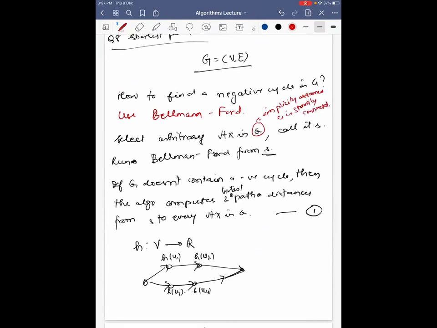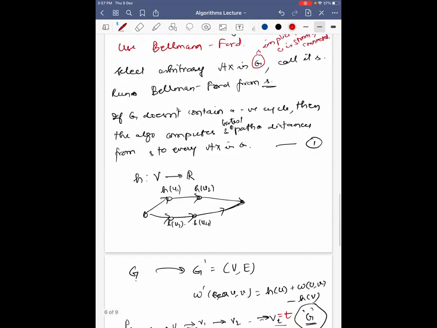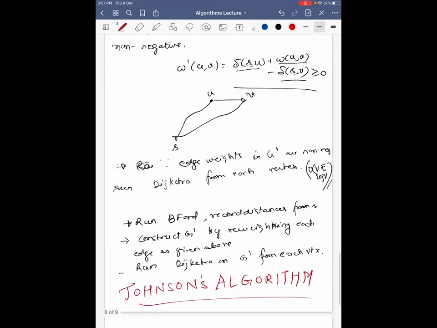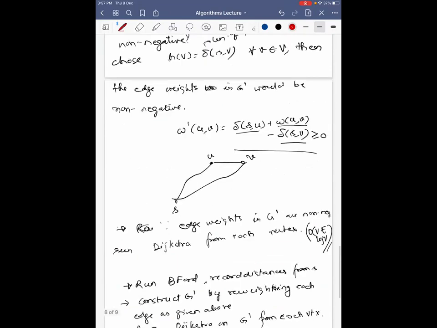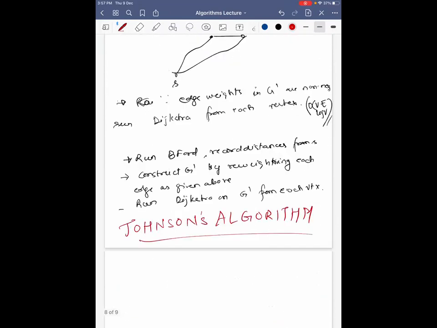But if that were not the case, then you would have to make a slight modification in this algorithm, which I'll leave you to think. It's a very small modification just in terms of how you pick your arbitrary vertex. So I hope this is clear. If it's not clear, please go through it once. It's a very interesting algorithm.